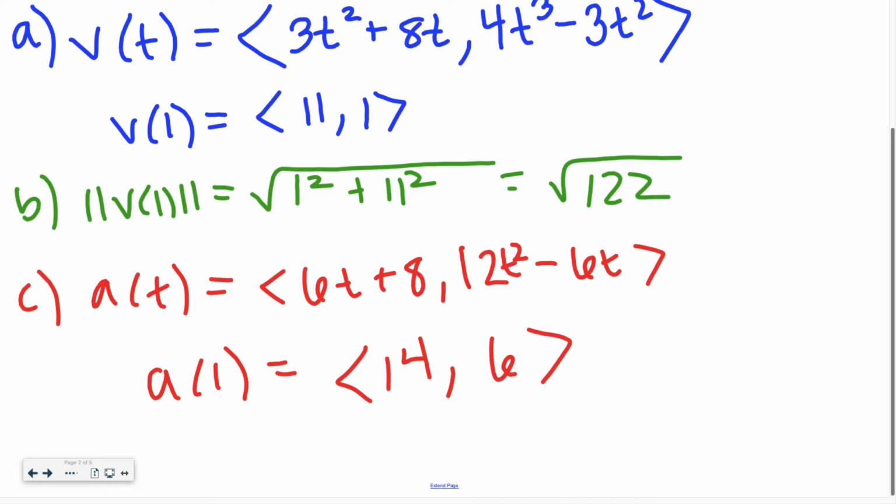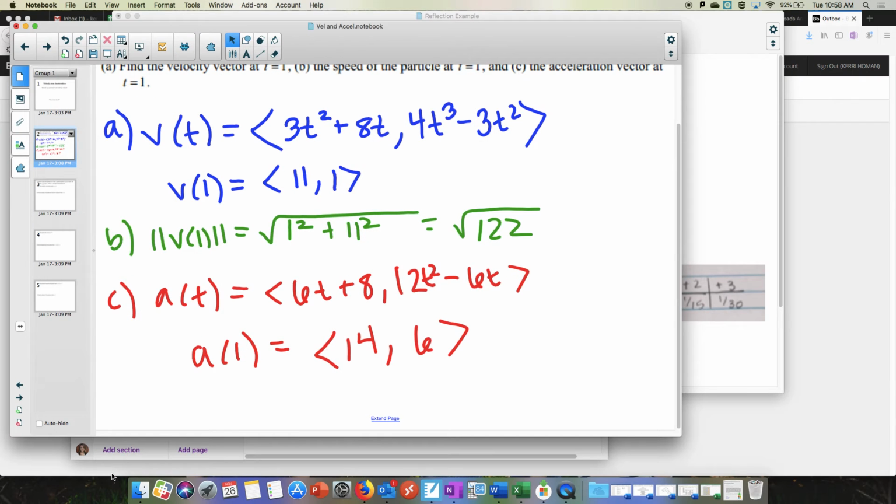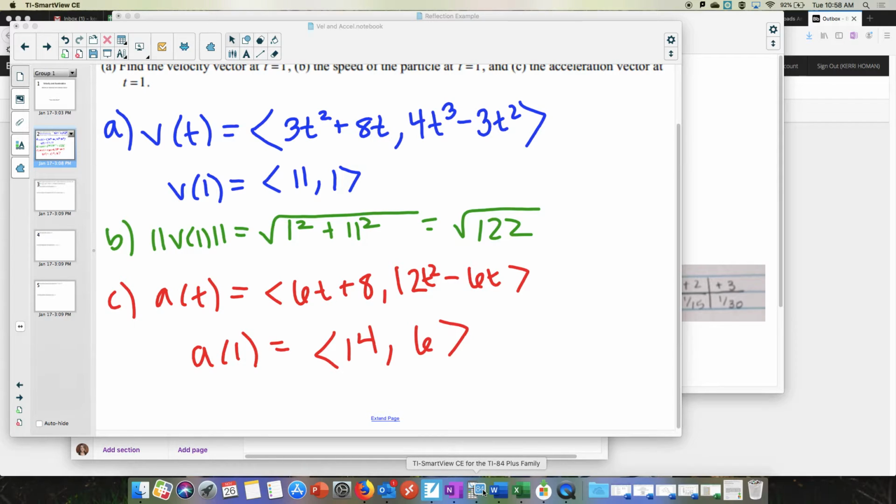Should we try it? What mode should we be in? How easy do we want to make this for ourselves? I don't know. Is it radian? Do you see any trig functions?